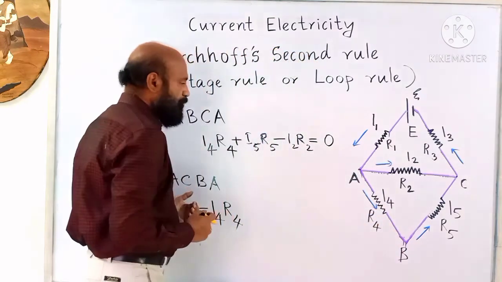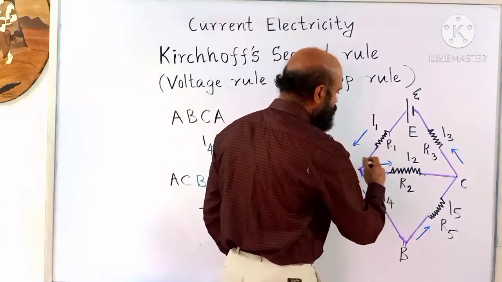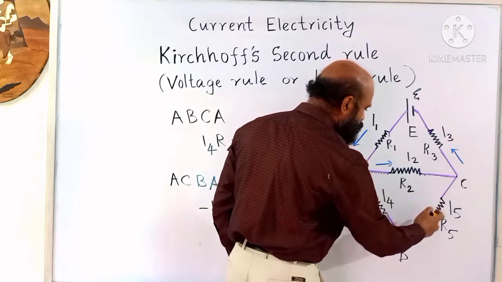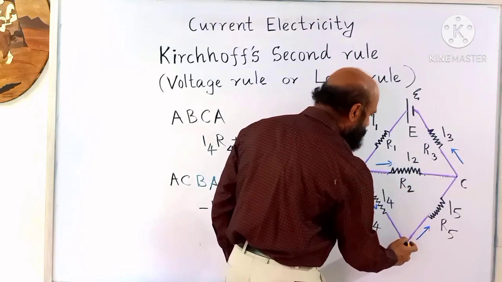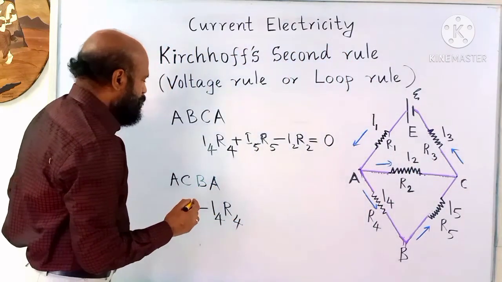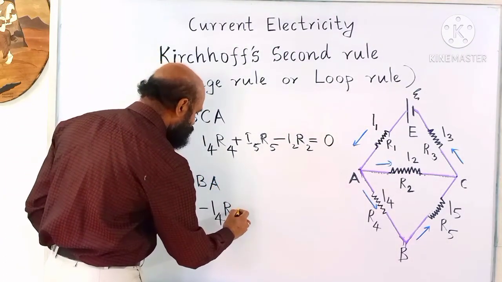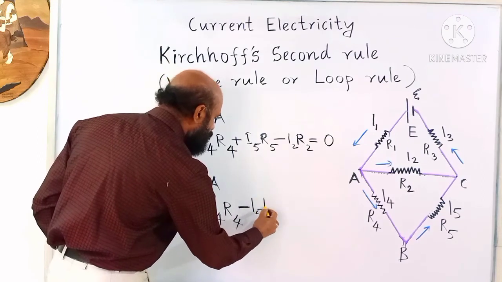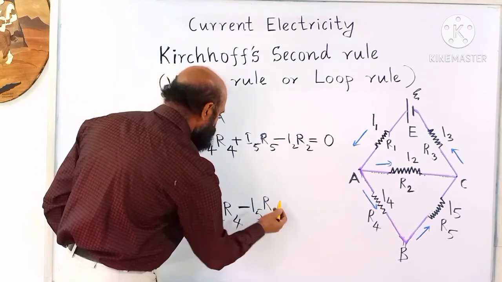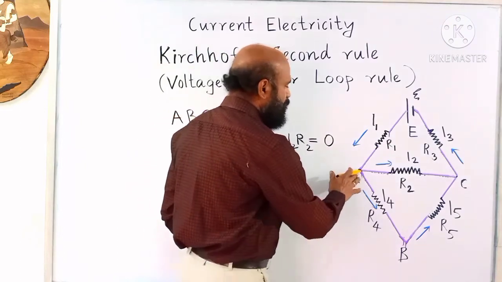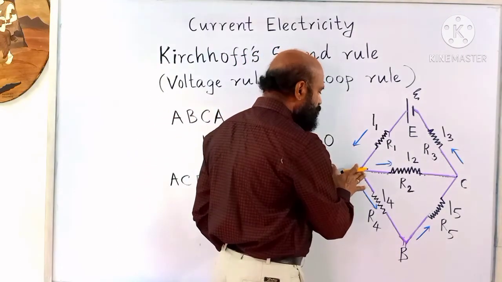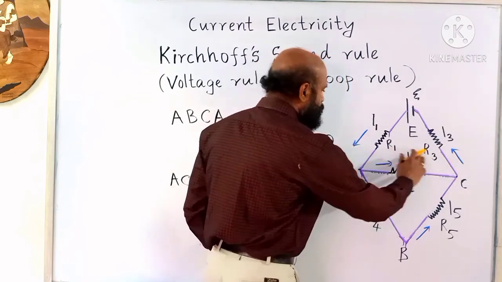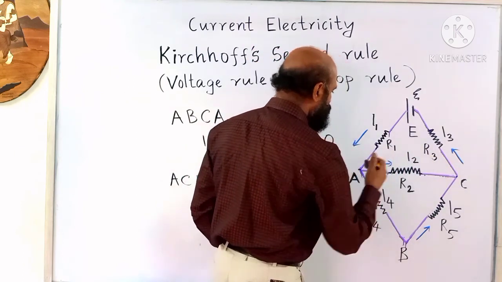Similarly here, in this also you are moving from C to B, but the current is from B to C. So instead of plus, now it will be minus I5 R5. Then here current is from A to C, so your movement is also from A to C, so plus.